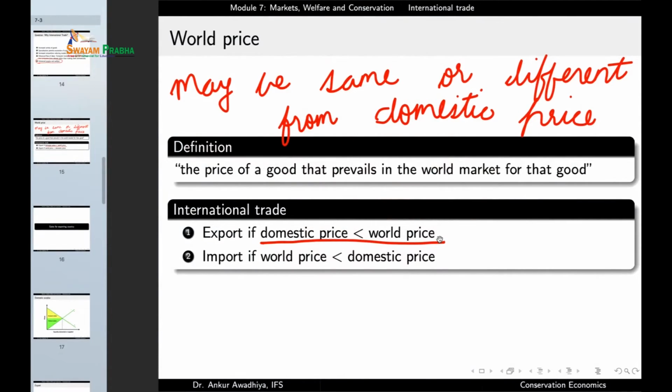It means that our manufacturers or our producers are able to make things at a much cheaper cost than producers in other countries, which means that we are making things much more efficiently. Now, if we are able to make things at a cheaper price and others are able to make things at a much greater price, then that would mean that we have an advantage over the other countries.